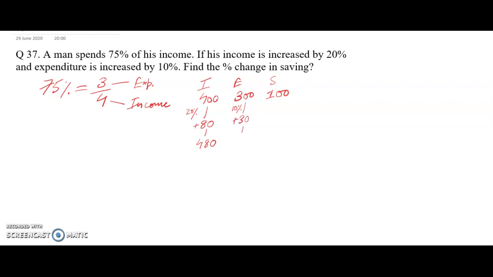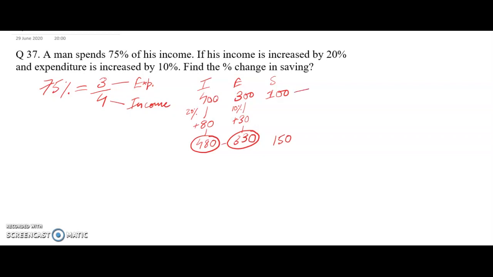So his new expenditure is 330. Now if we subtract the new expenditure from the new income, our new saving will be how much? 150. 480 minus 330 will give us 150.